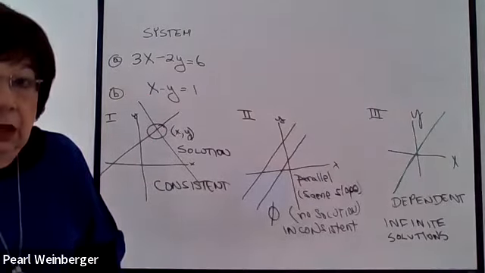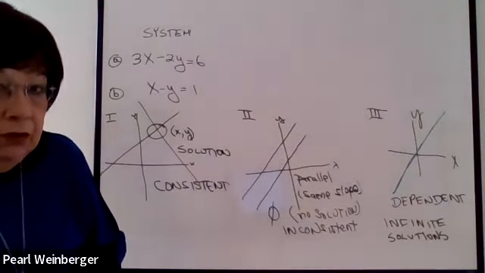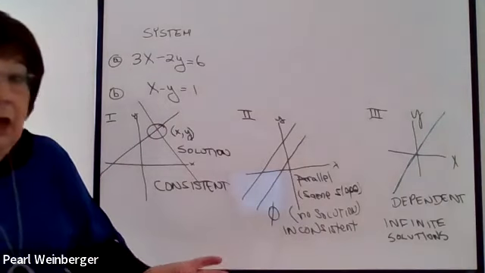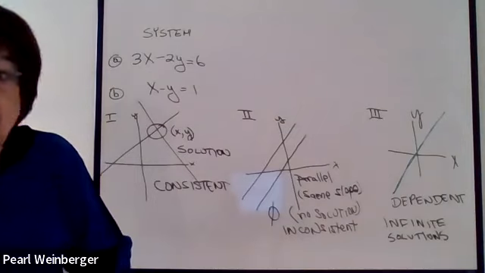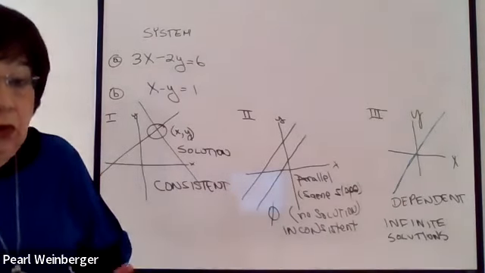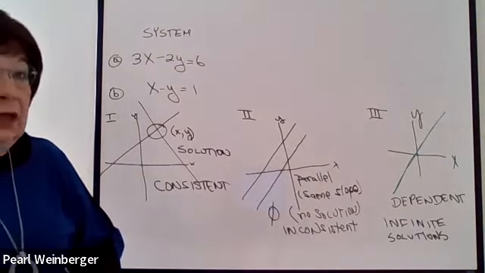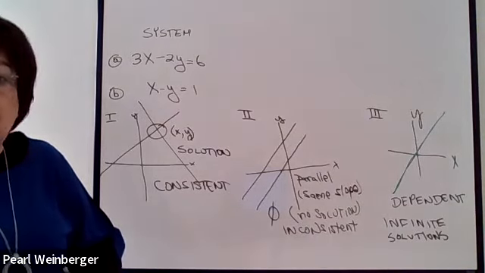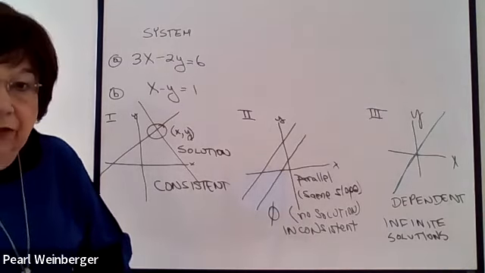Because the graphing system is not always so reliable, especially if you don't have graph paper, I'm going to show you also how to do it algebraically, just by working with the equations. But the first thing we want to do is do an example solving graphically.